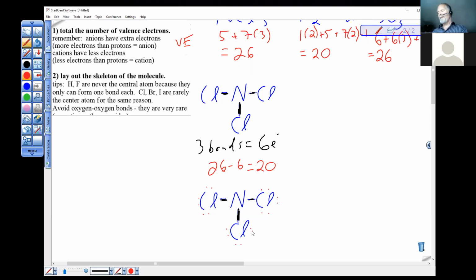Please don't put it on the chlorine. You'd have an octet violation on the chlorine that you put it on. But nitrogen is 2 electrons short of a full octet. And there you have it. You have your final Lewis structure for NCl3 right here.